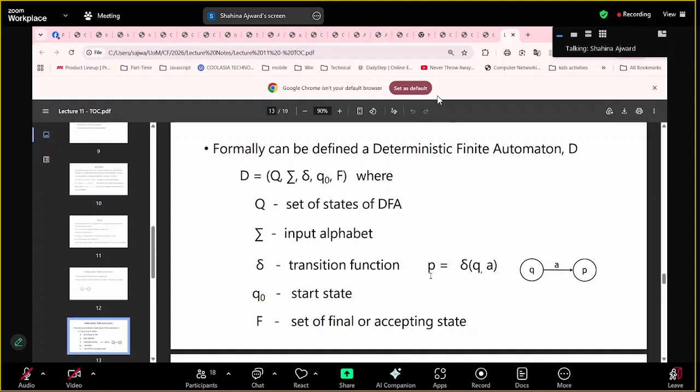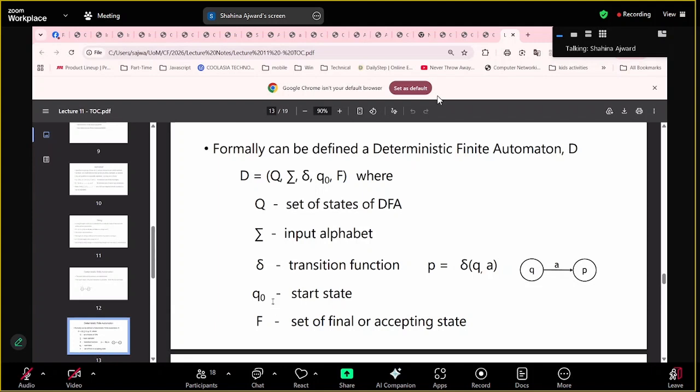I think you all learned about mathematical functions, right? When we give the independent variable value, how does the dependent variable value change? In a similar way, when we give an input symbol, how does the current state of the machine change? What is the new state? This is what we call the transition function, right?